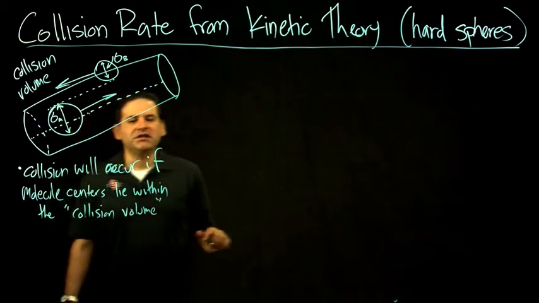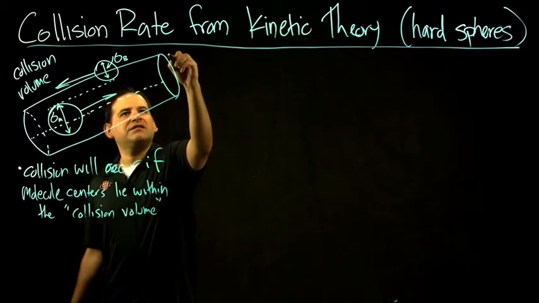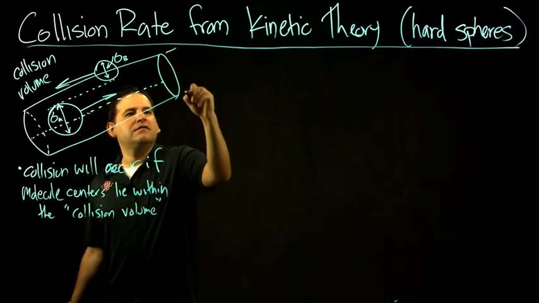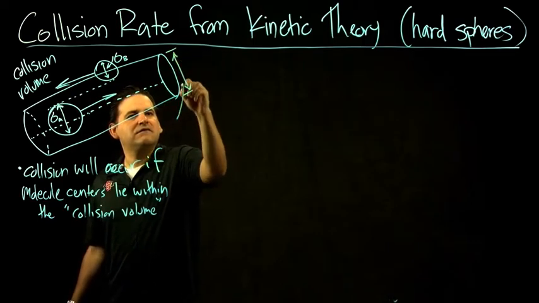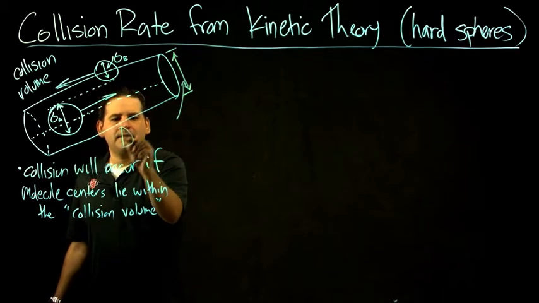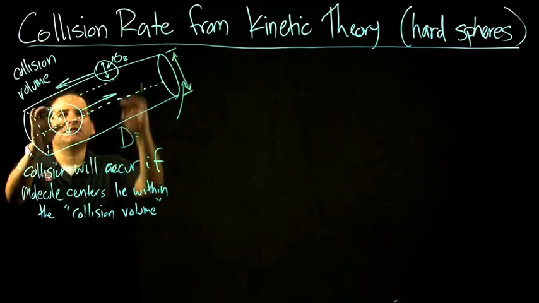This collision volume has a diameter, and the diameter is related to the size of these spheres.